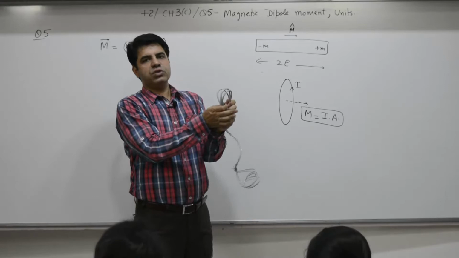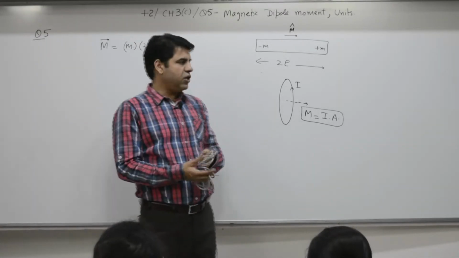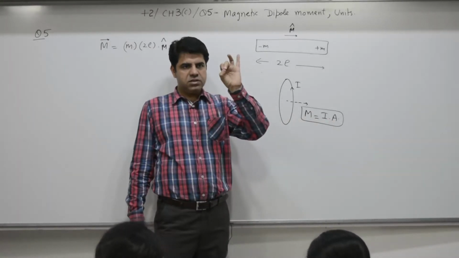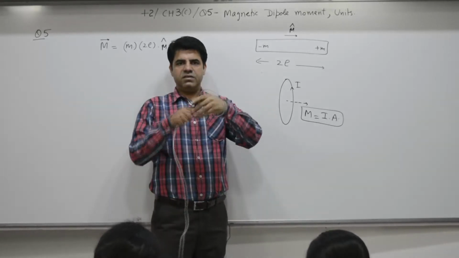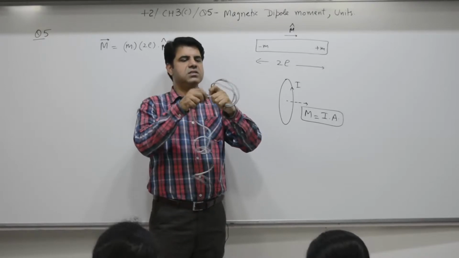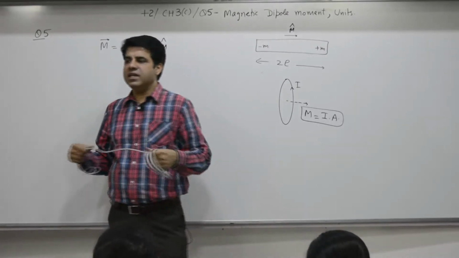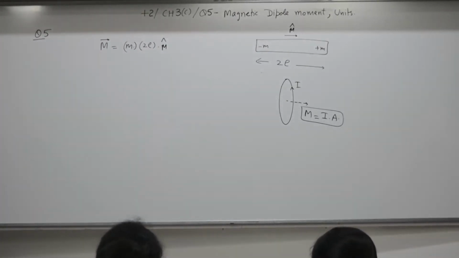If the current flows through this, it can also work as a magnet. For 1 turn it is defined as current into area. If there are 2 turns, 2 times. If it is 1 turn, I into A. 2 turns, 2 times I into A. 3 turns, 3 times I into A. 4 turns, 4 times. If there are n turns, then n into I into A.